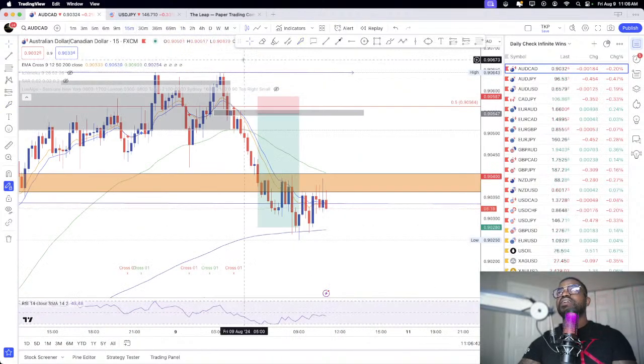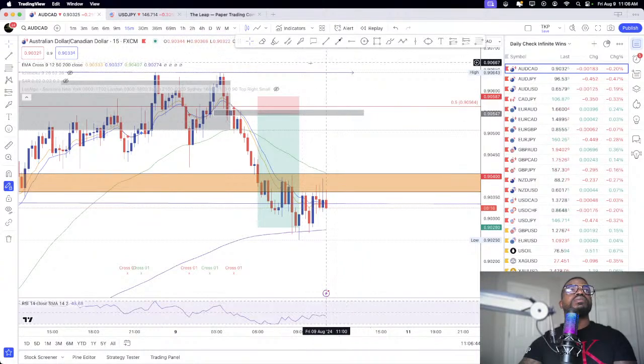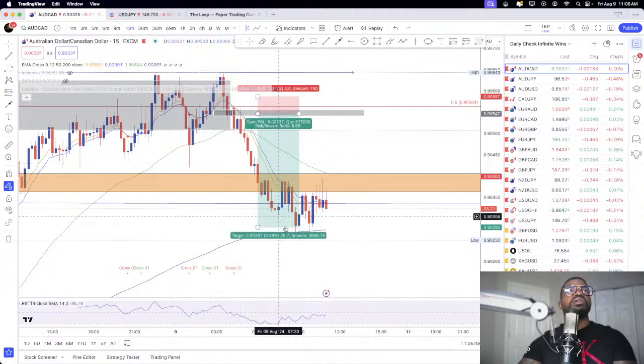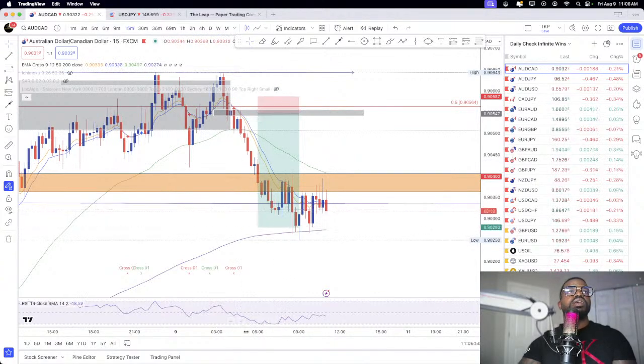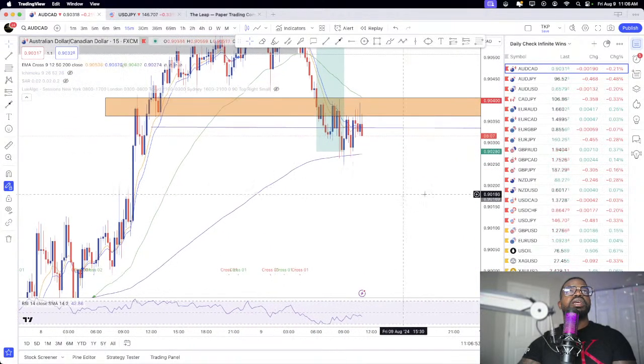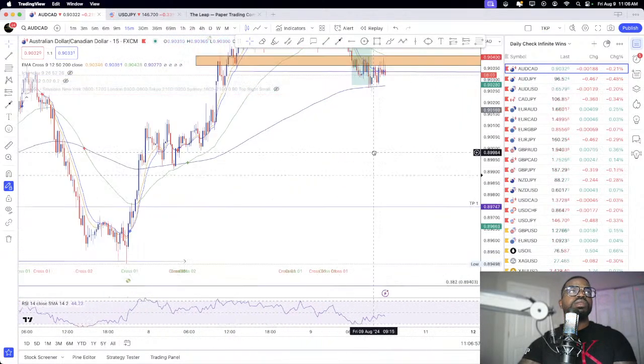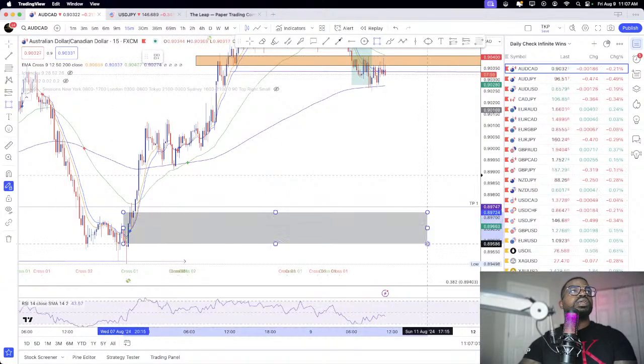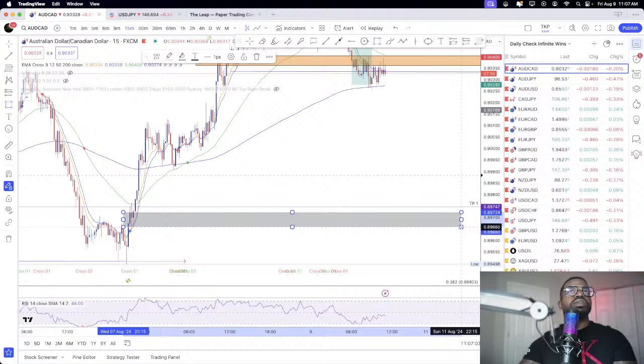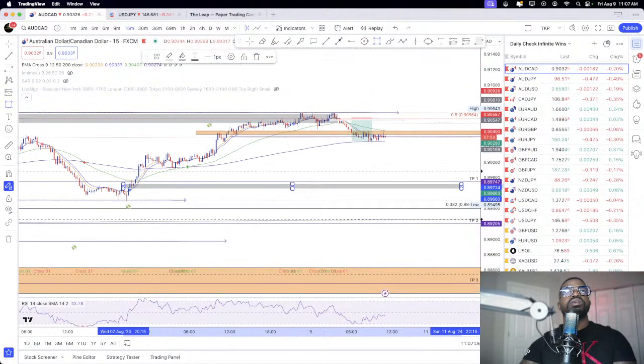But when we go back to that 15-minute, there is a chance that it could peak right above and actually give us another position on this trade setup. I believe these lows are in danger.